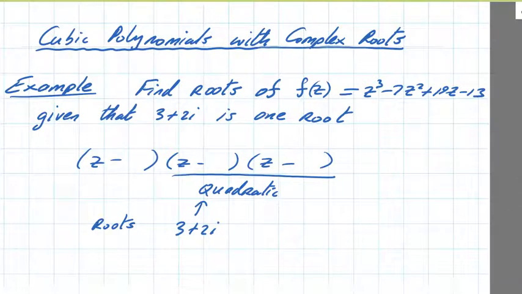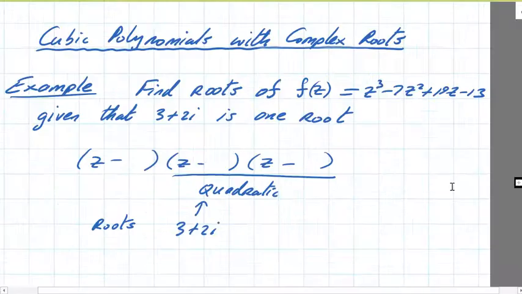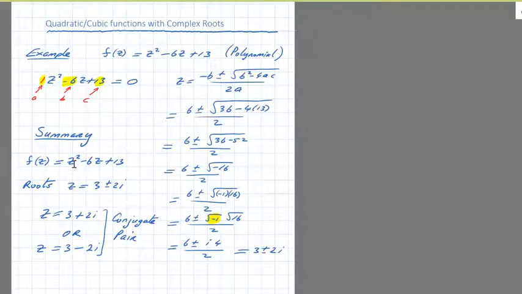If we go back for a sec, we saw that the roots occurred in any quadratic in conjugate pairs. So if 3 plus 2i is a root, well, 3 minus 2i is the other root automatically. Of course, that works as long as the coefficients here, the numbers a, b, and c, are real numbers. As long as they're normal numbers, you'll get conjugate pairs here.